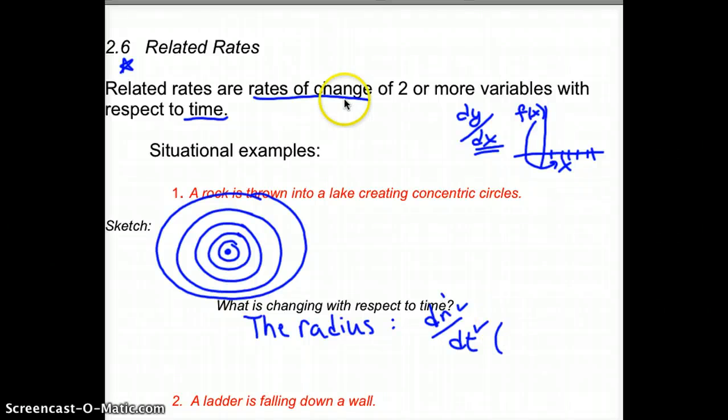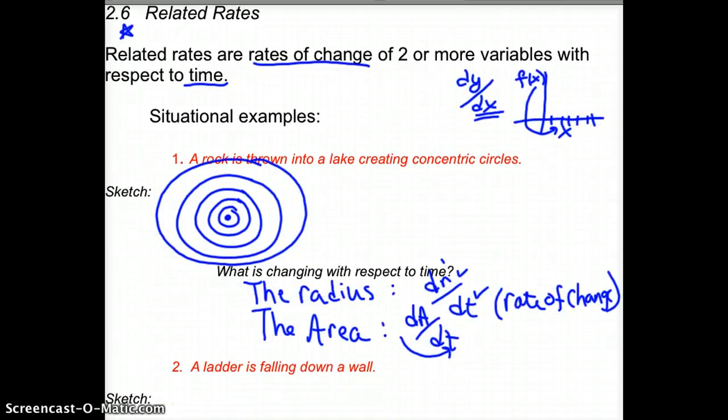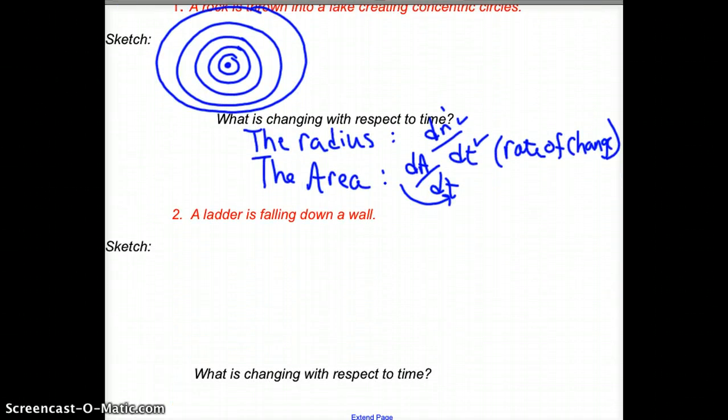So this right here would be called my rate of change, the radius with respect to time. Also changing in this scenario is the area of each concentric circle, and we probably call that dA dt, which would mean it's the rate of change of the area with respect to time. So you can see how that whole with respect to x from last chapter is coming into play in a real world problem.